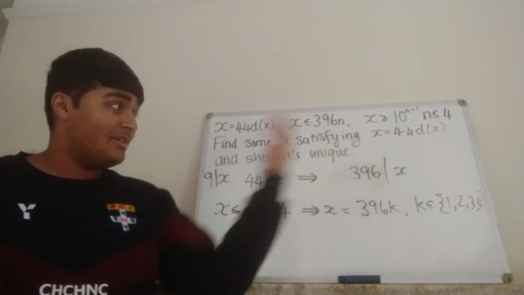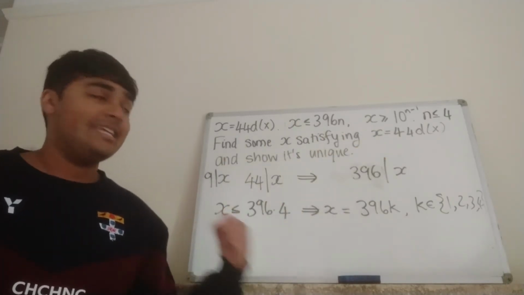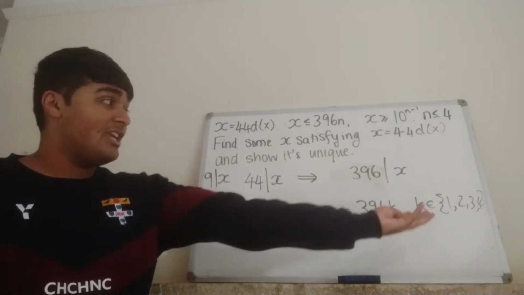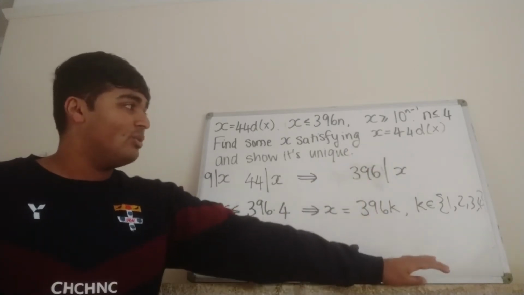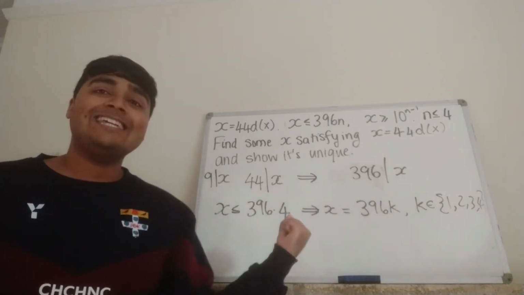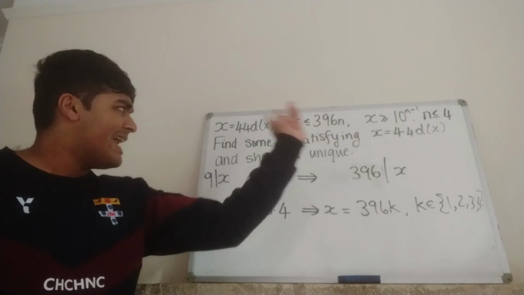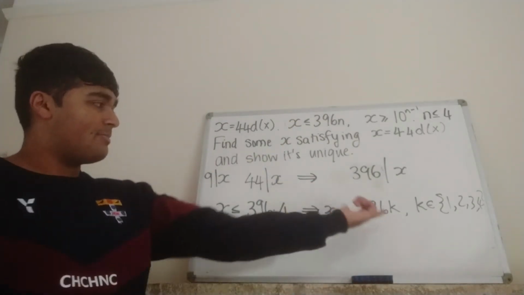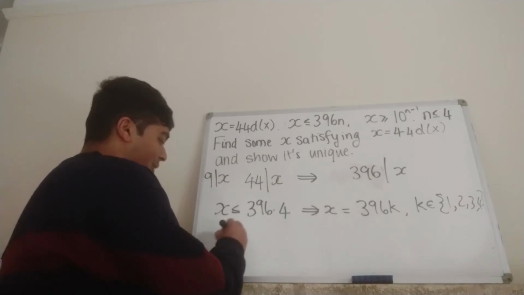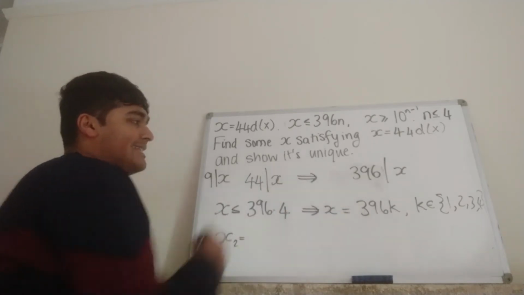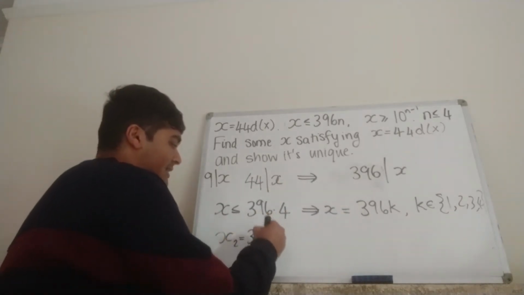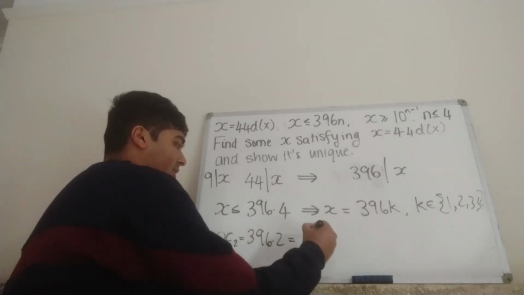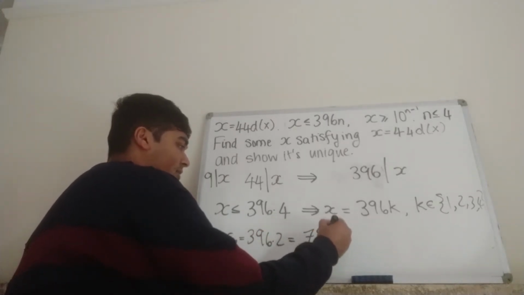So now we've narrowed it down to 4 different cases, and we have to check each one. These are the only 4 candidates, and you'll see that k equals 2 is the only one that works, and that proves uniqueness. But let me just show what k equals 2 is. If we let x equal, we'll call it x2 to denote the case k equals 2, it's just 396 times 2, which is just 792.